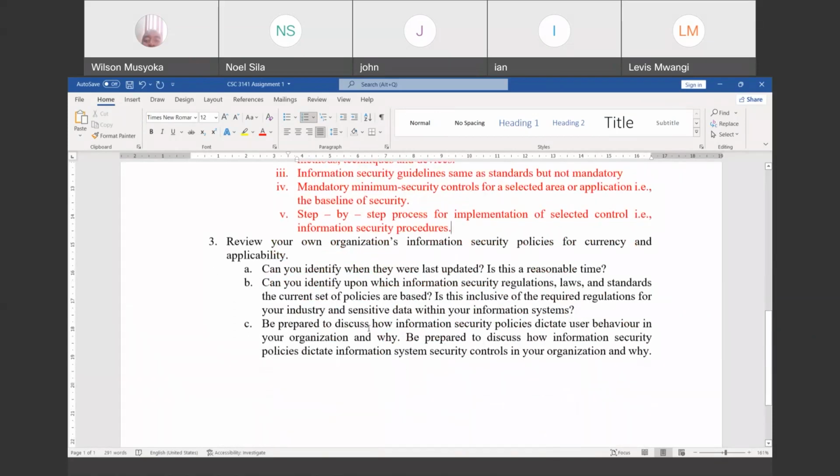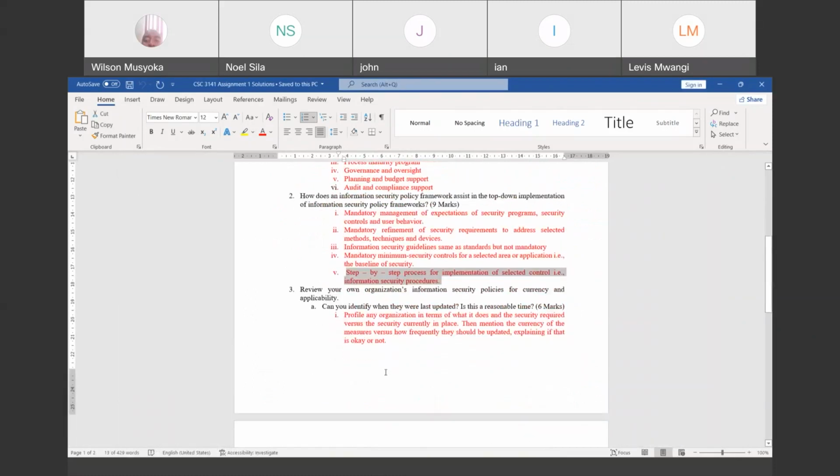Then, another question here, which is an application question, you are told, review your own organization's information security policies for currency and applicability. So the first question was, can you identify when they were last updated? Here you were required to go and look at how your security policies have been implemented. The first question is, do you have them in place to start with?